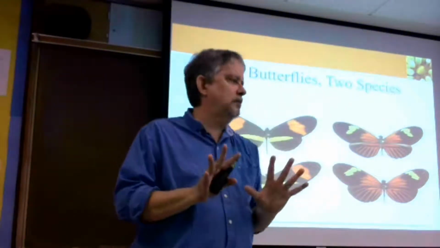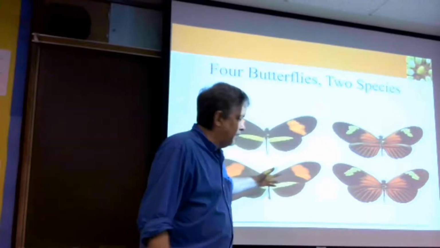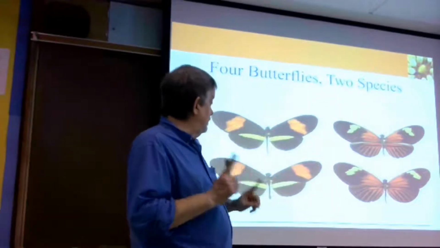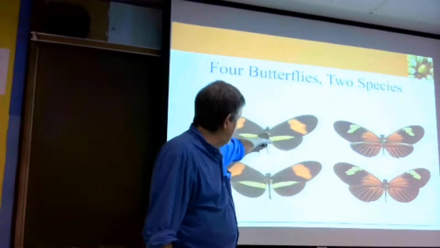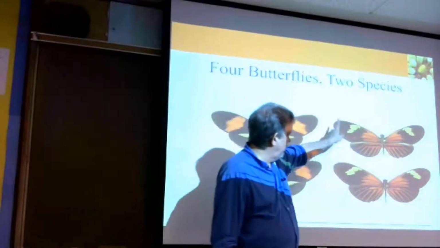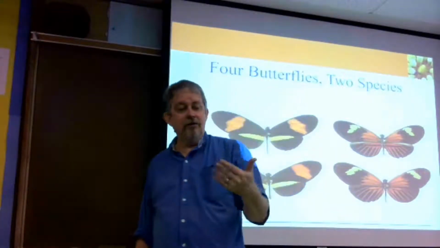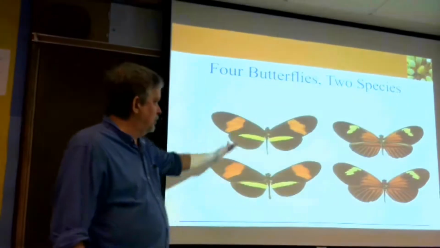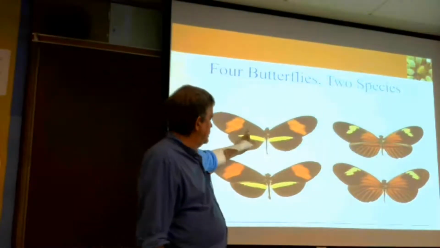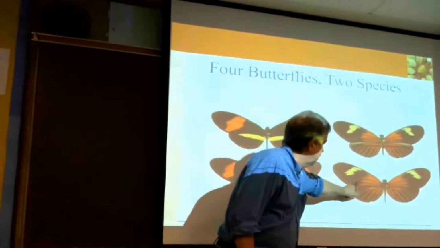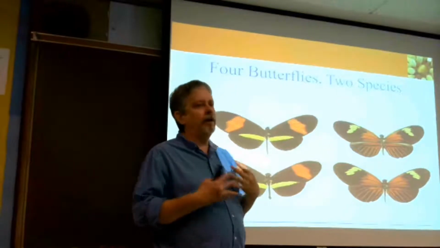Don't even touch this butterfly. This butterfly doesn't taste bad, but it determined that if it can mimic the colors of the ones up here, then predators won't eat it. And so they are 2 different species. This cannot mate with this to make fertile offspring. That's why we know there's 2 species.